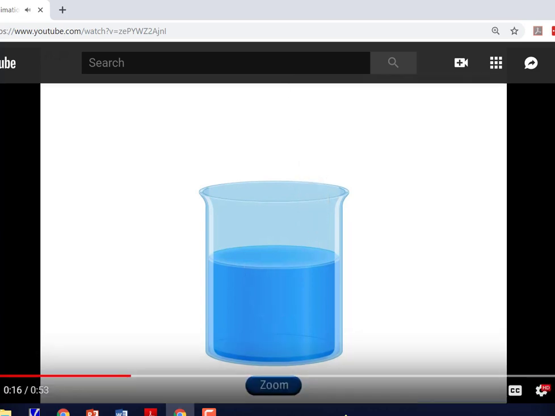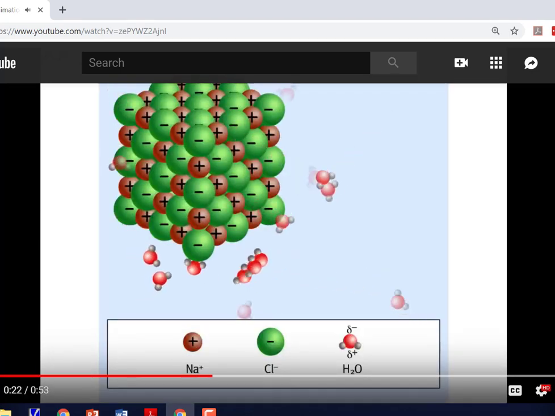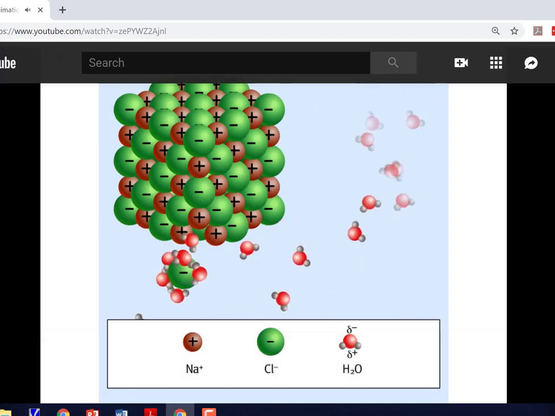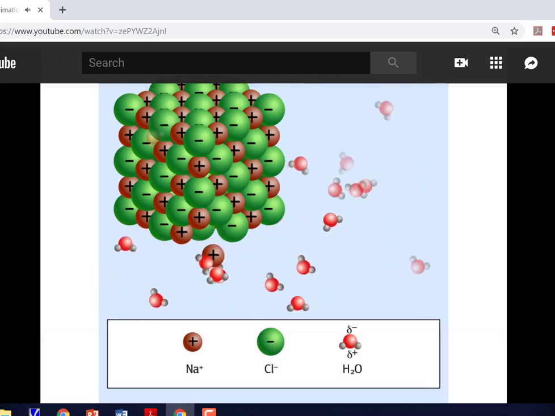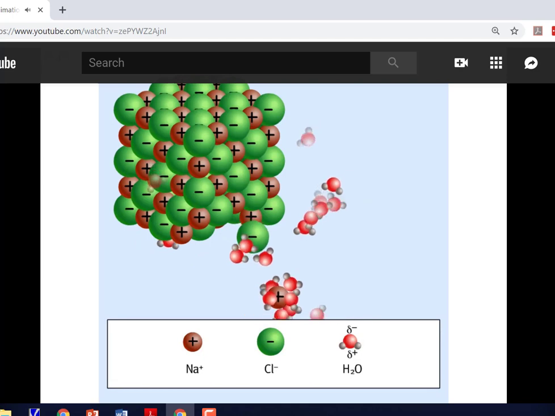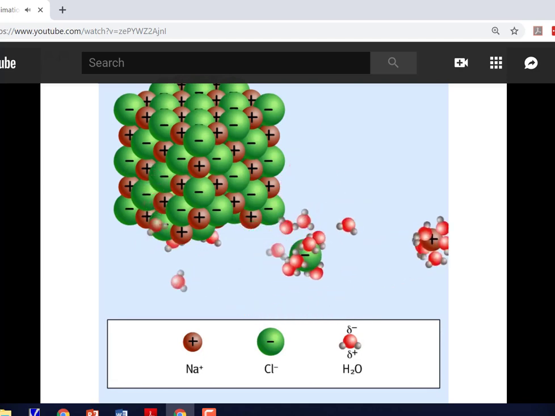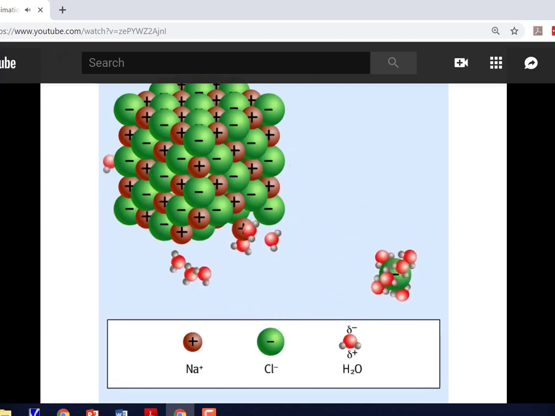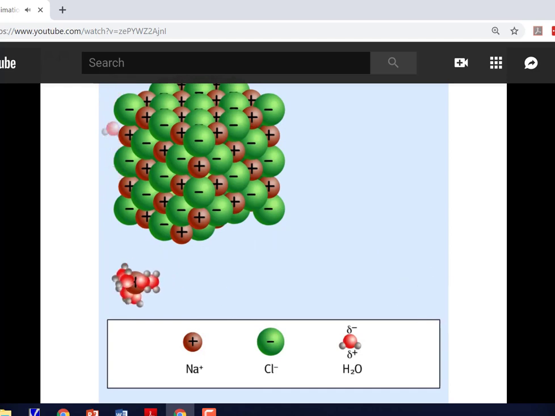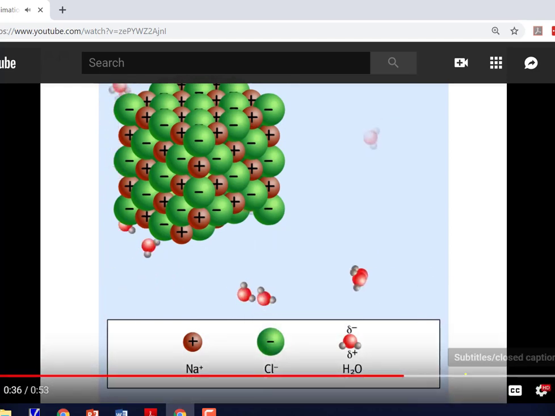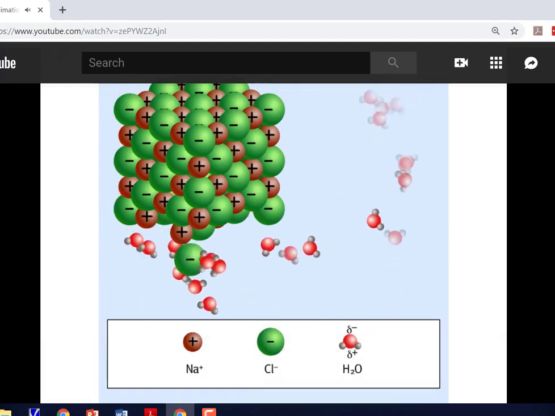Let's zoom in. They videotape themselves zooming in. What you have there is salts. You see how the red oxygens are attracted to the positive pieces, and the gray hydrogens attract to the negative pieces. And that's how salt dissolves.